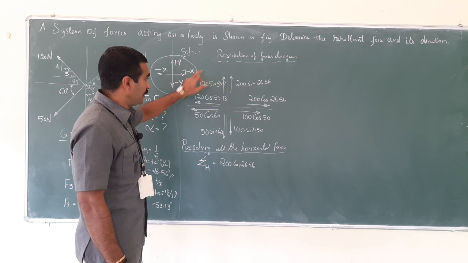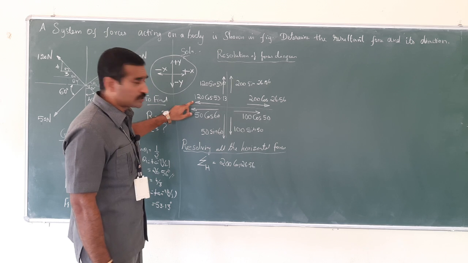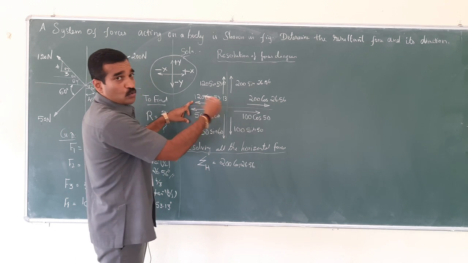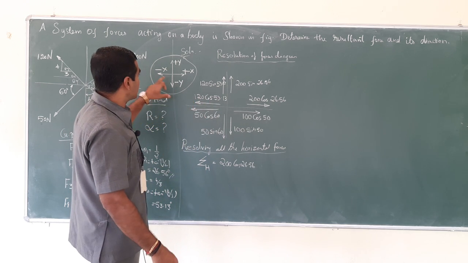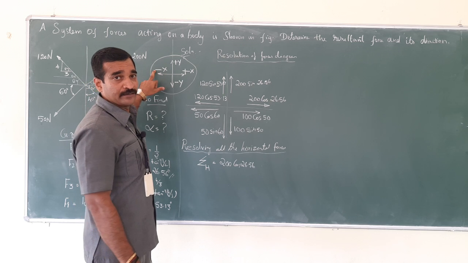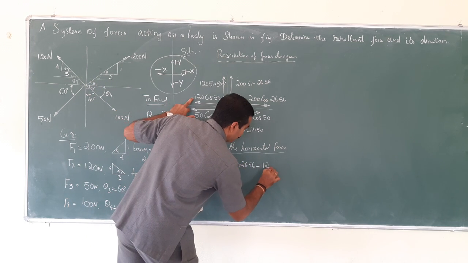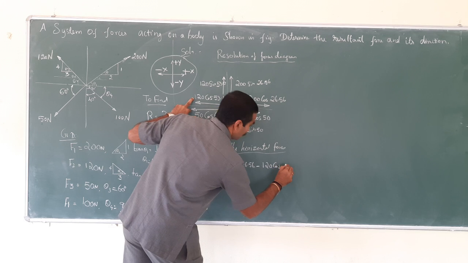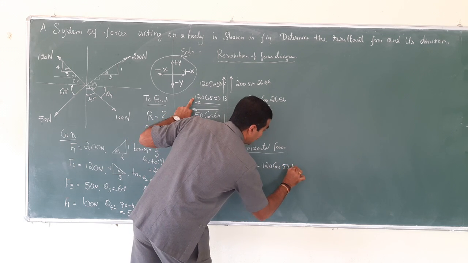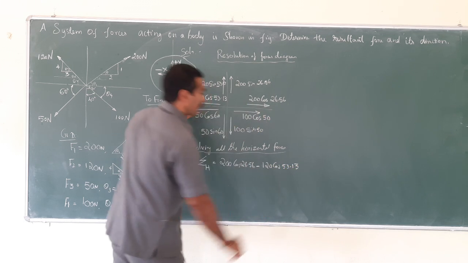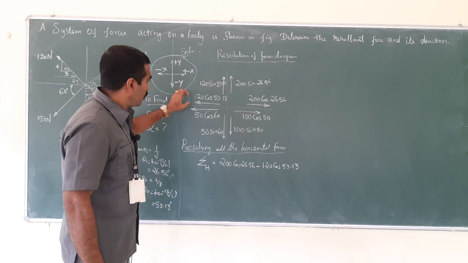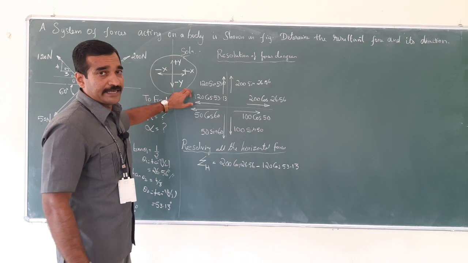Let me just move to the second quadrant, wherein I have a force whose direction is towards left. If it is towards left, it carries a negative sign. So minus 120 cos 53.13, right? Other than this force, nothing is there in the second quadrant.